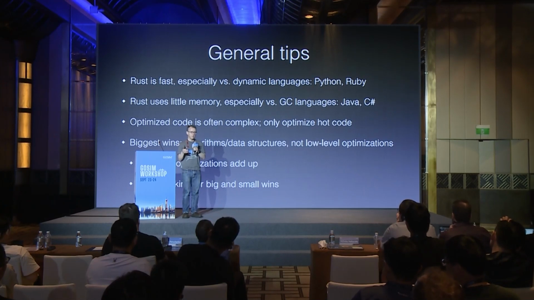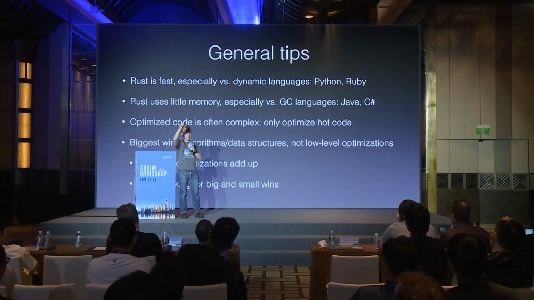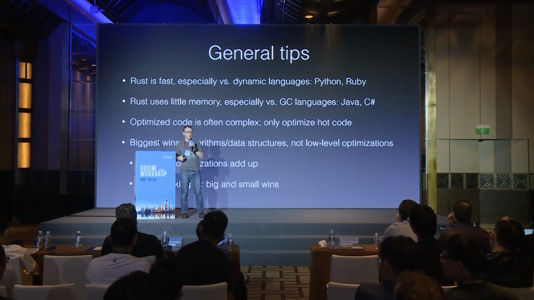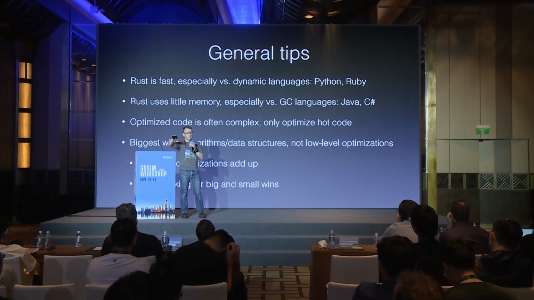Often, if you measure the memory, you'll see a sawtooth pattern where you go up, then you have a garbage collection, and then you go back down, and then you go up and back down. In comparison, Rust tends to use very little memory, and the memory graphs tend to be much more flat. You don't have these up and down peaks. So that's a good thing about Rust in general.